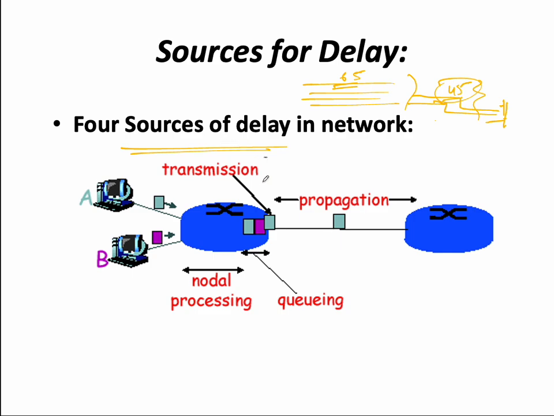In a similar way, in the network we have transmission delay. So what is the transmission delay? The time it takes to push all the bits of a packet onto the transmission medium. For example, if you are sending a 10 Mb file over a 1 Mbps link, or let's take an example where you have a 1 Gbps link and you are sending a 1 terabyte file. It's a huge file, right?